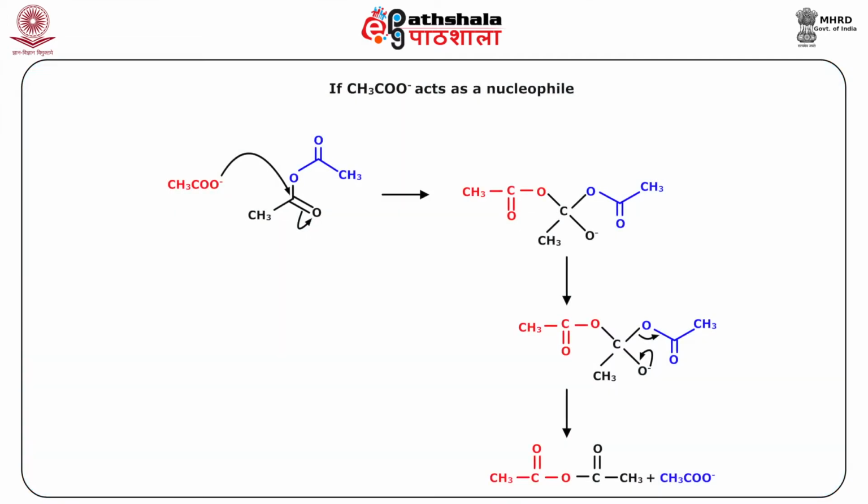On the other hand, if it attacks as a nucleophile on the electrophilic carbon of the acid anhydride, there is no harm to the anhydride functional group, and it will simply regenerate the anhydride, because the same group is attacking and the same is leaving. Again, there will not be any impact on the anhydride.